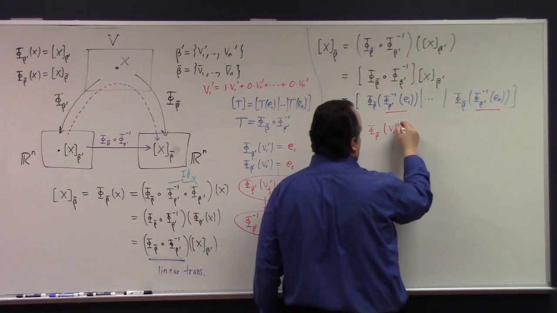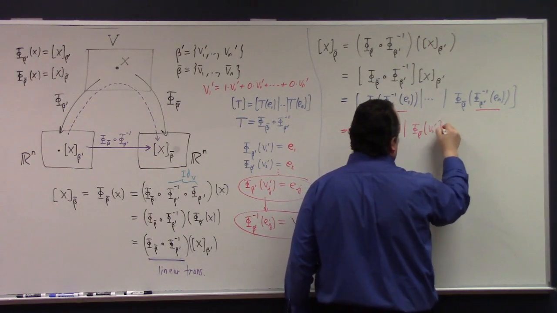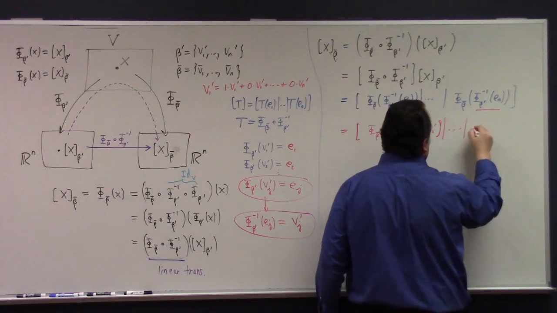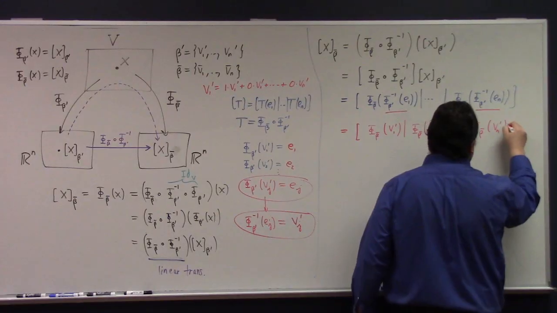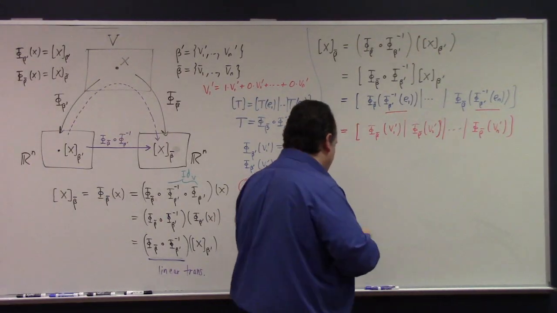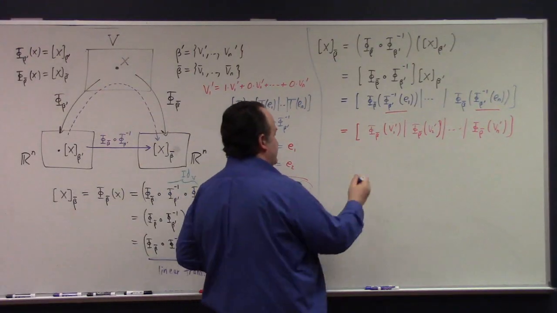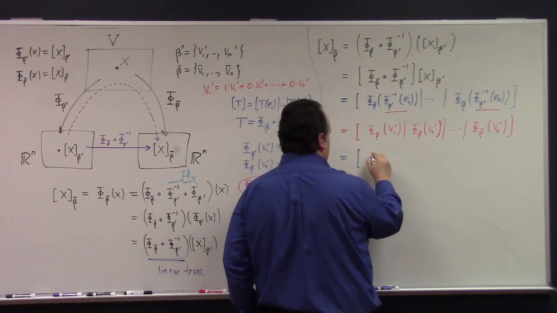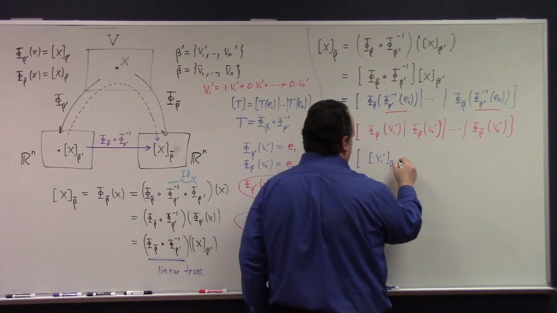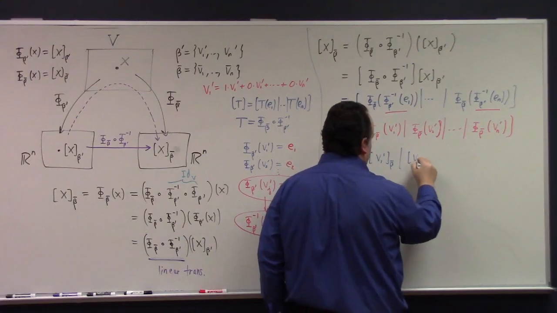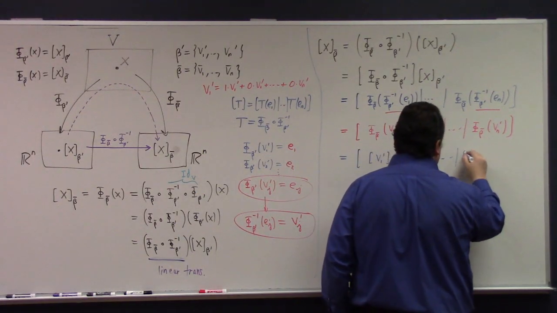So as you look at these, what we're actually looking at is simply phi beta bar of v1 prime, phi beta bar of v2 prime, all right, and so forth and so on. Finally, phi beta bar of vn prime, which if we go back to the other notation, what are those? You'll see this formula oftentimes appears in books: v1 prime beta bar, v2 prime beta bar, vn prime beta bar.